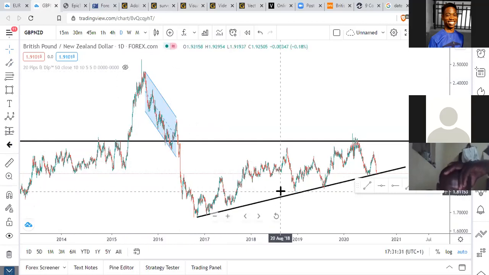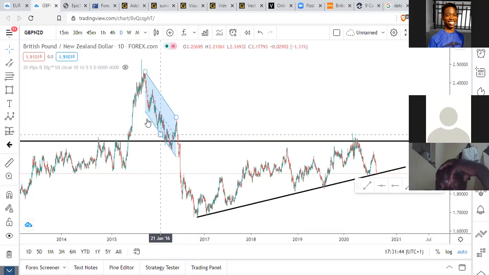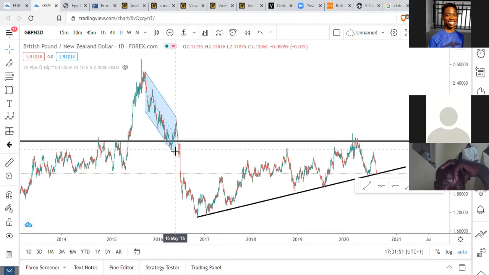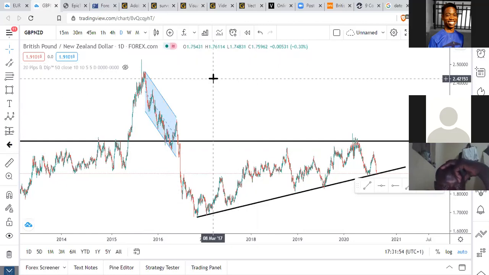Sell opportunities. You look for sell opportunities in a bearish market. Don't look for any buy opportunity. Any buy opportunity you are seeing in a bearish market is a what? A retracement. Unless it now fully reverses and forms a bullish trend.